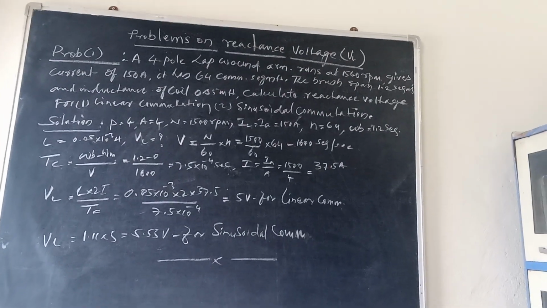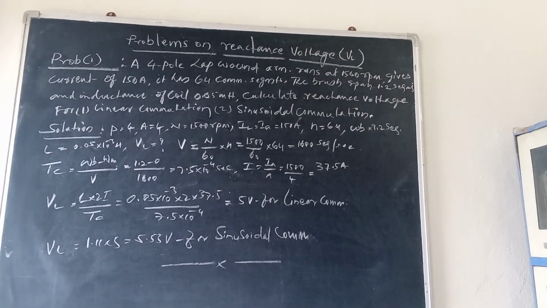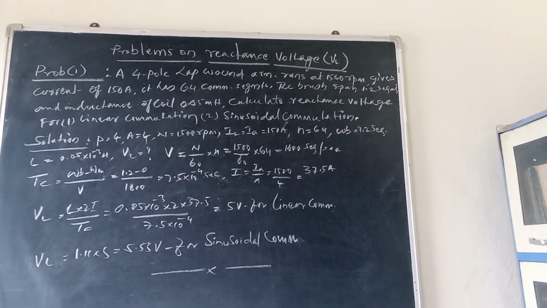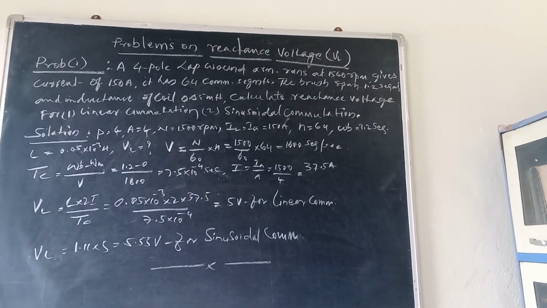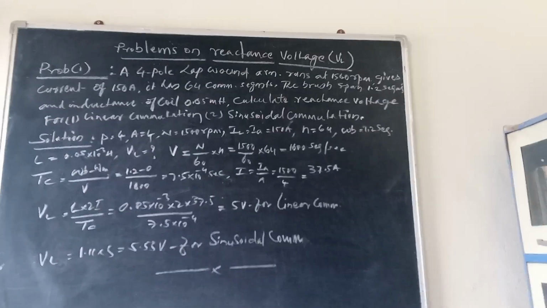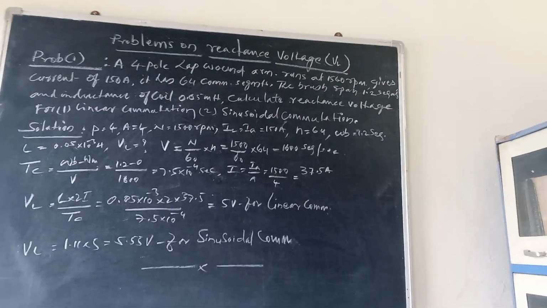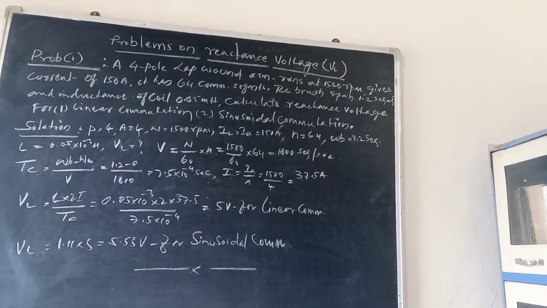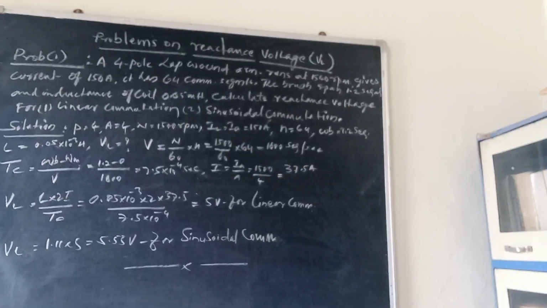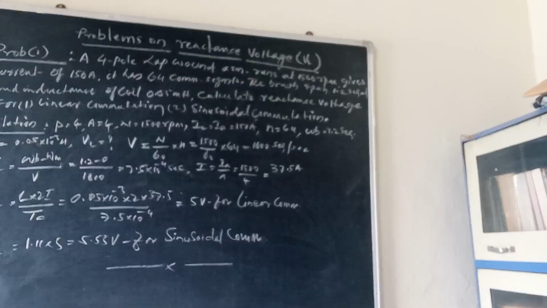Find out the data on display. Number of poles is 4, because it is lap wound, therefore A equals 4, and speed, denoted by N, is equal to 1500 rpm. Armature current or load current, here shunt field current is neglected, is 150 ampere.